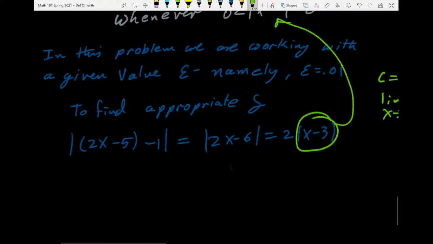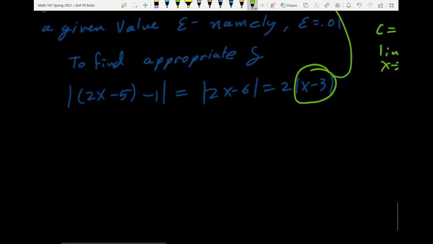That's your c. So right there, we have to start with f of x minus L and make it somehow look like something times x minus c. It's almost like a vector with a scalar.